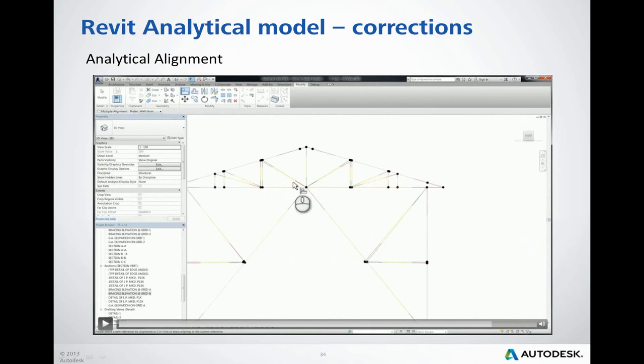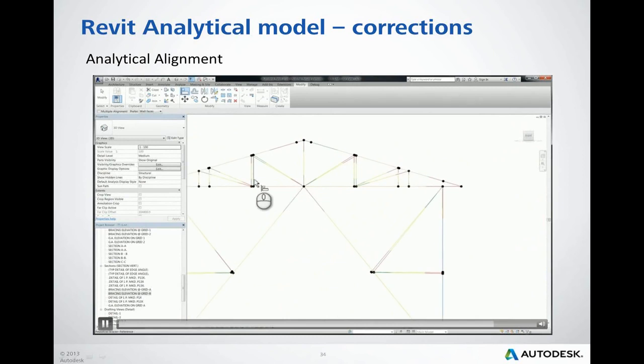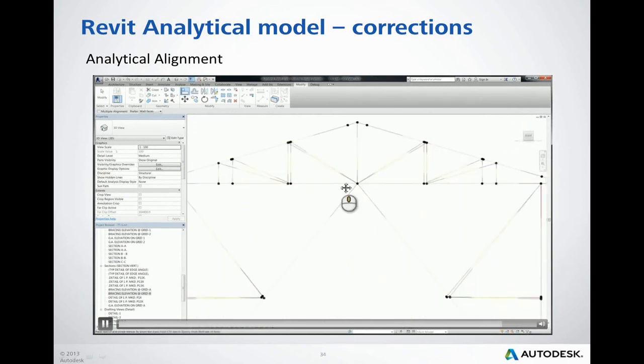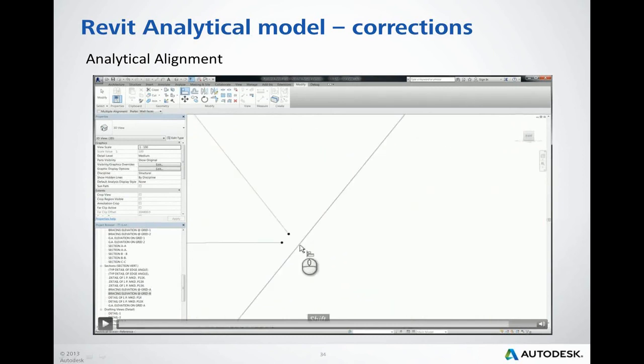Afterwards, after correcting the model and also creating the second slope, you may see now that the roof part seems to be made correctly from the analytical point of view. And as you may see with this big zoom, the analytical representation of some bracing in the wall planes is not accurate enough, so the bars are not meeting. So as usual, we can use the align option just to merge them.